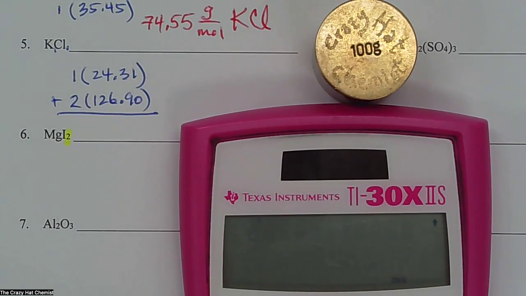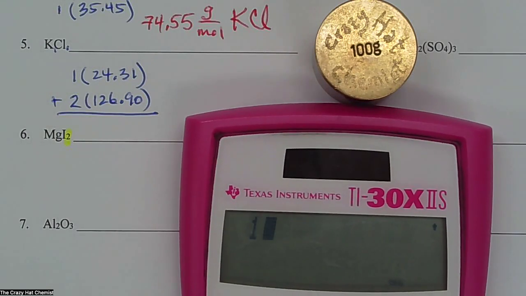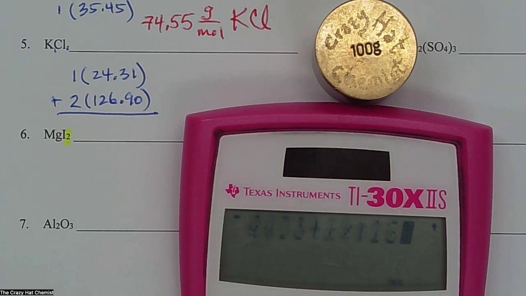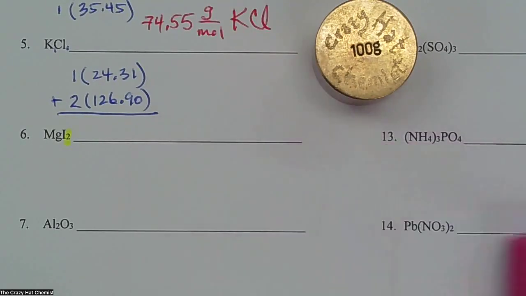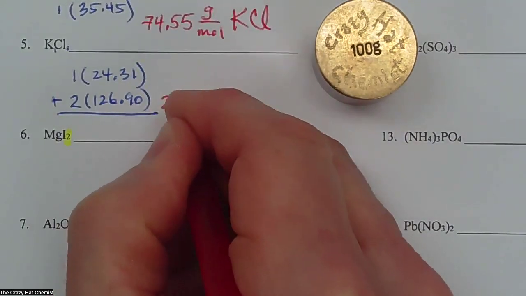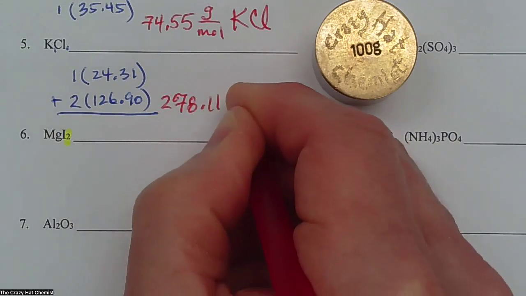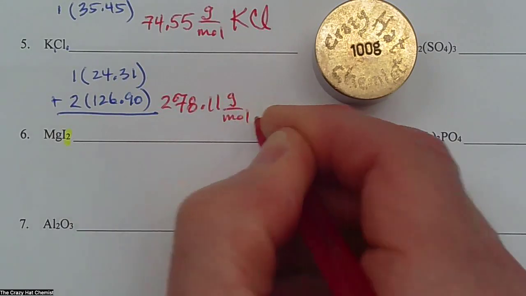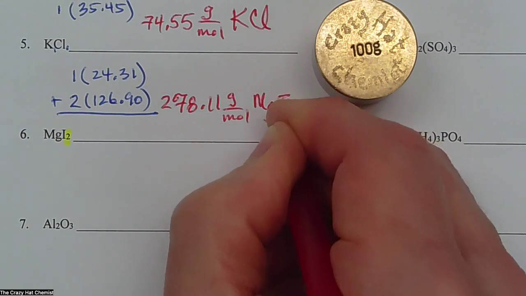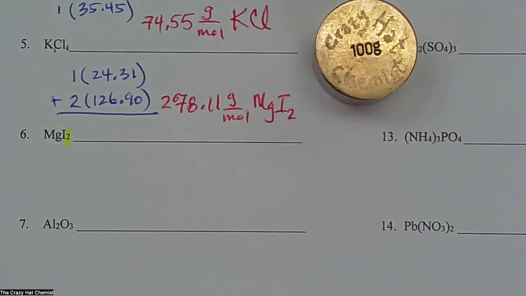So let's show that in the calculator. And I get the number 278.11 grams per mole of MgI2. Perfect. All right.